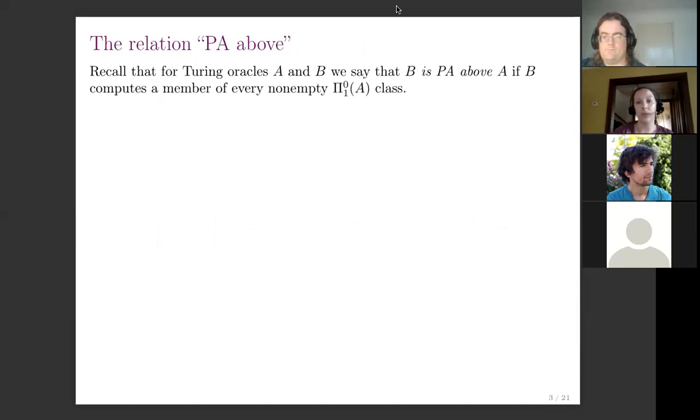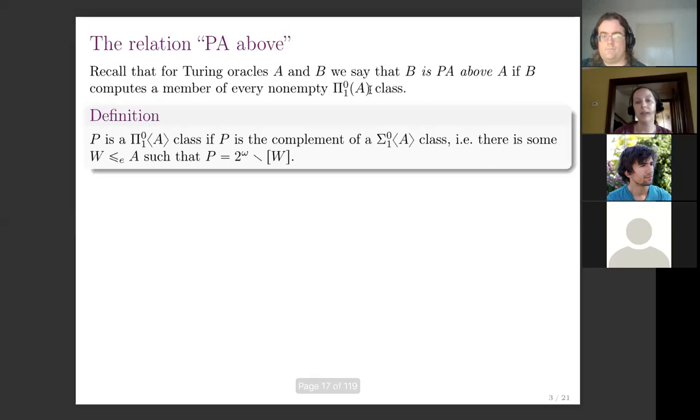Now we need to relativize Π⁰₁ relative to a Turing oracle A to an enumeration oracle. We already did this for Σ⁰₁ classes, so we can do this for Π⁰₁ classes very naturally. P is a Π⁰₁ relative to enumeration oracle A class if and only if it's the complement of a Σ⁰₁ relative to enumeration oracle A class.